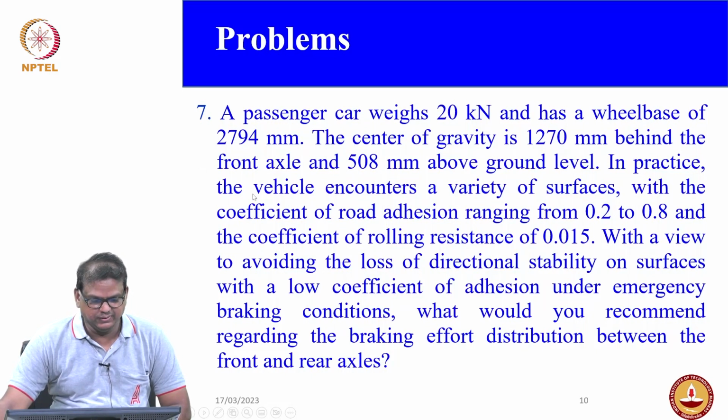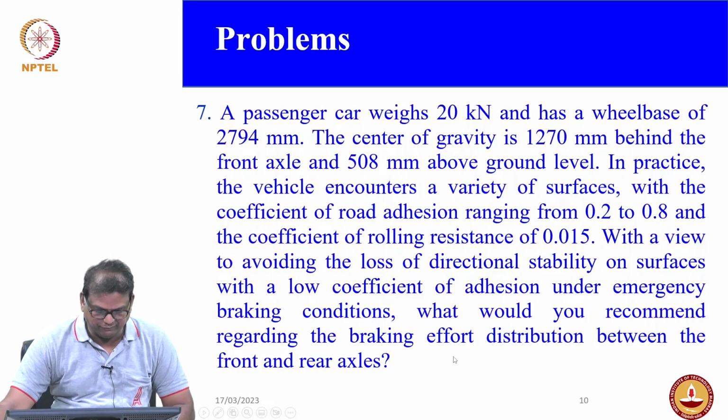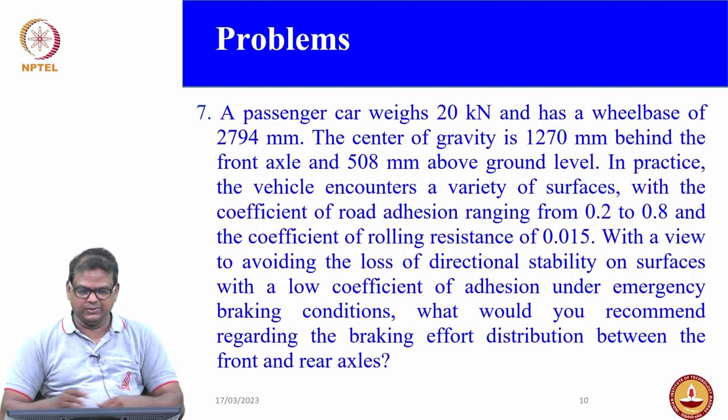In practice, the vehicle encounters a variety of surfaces with the coefficient of road adhesion ranging from 0.2 to 0.8 and the coefficient of rolling resistance of 0.015. With the view of avoiding the loss of directional stability on surfaces with the low coefficient of adhesion under emergency braking condition, what would you recommend regarding the braking effort distribution between the front and rear axles? Okay, so this is the problem.